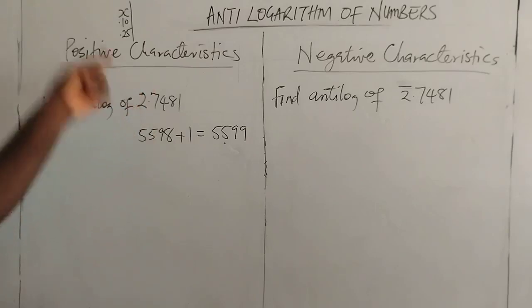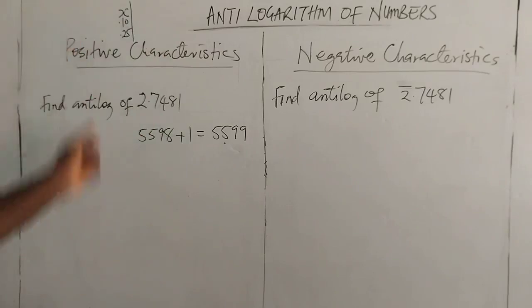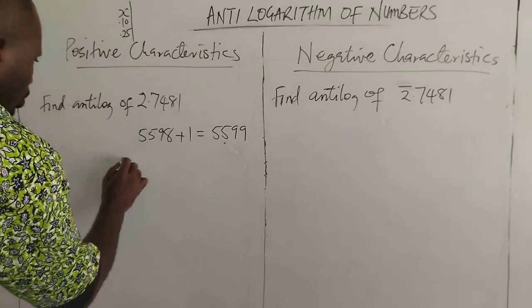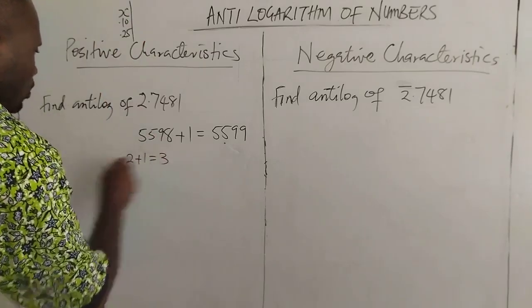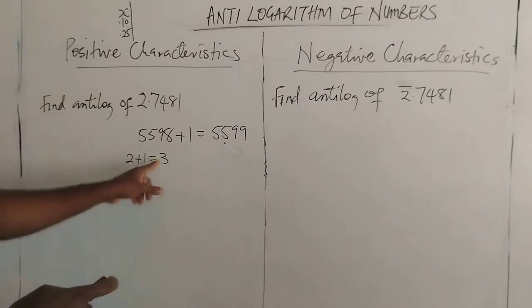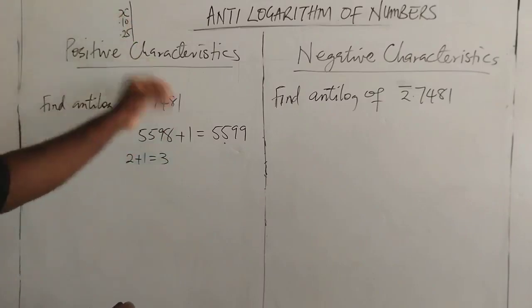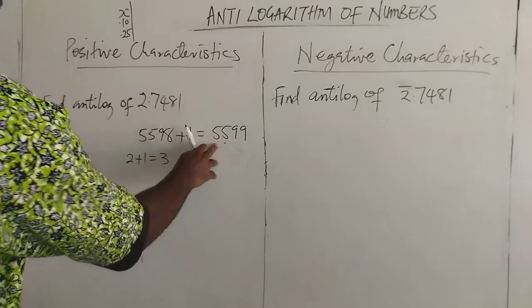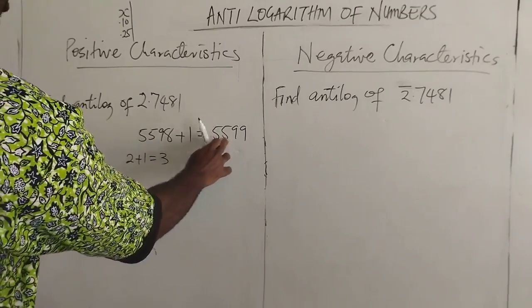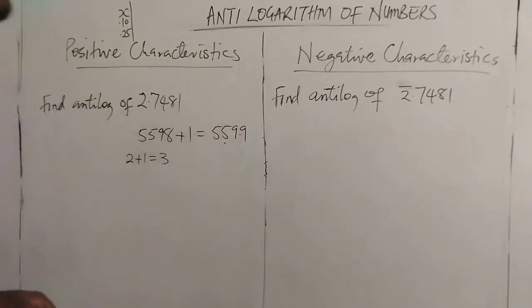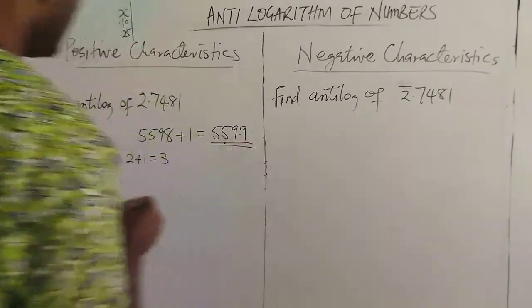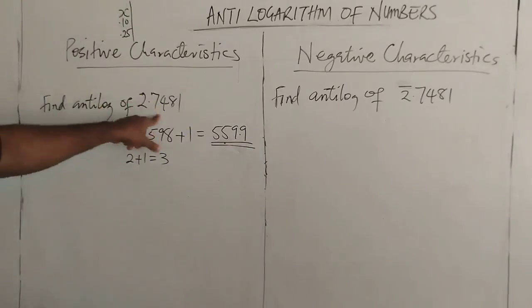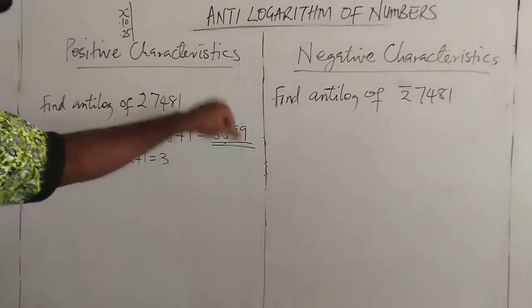Instead of subtracting 1, here we will now add 1. So the characteristic is 2, it will now be 2 plus 1. That will give you 3. So this 3 simply means that you have to move 3 places and put the decimal point. Starting from the first digit, you count 1, 2, 3. You put your point. So this is the final answer, the antilog of this number: 559.9.